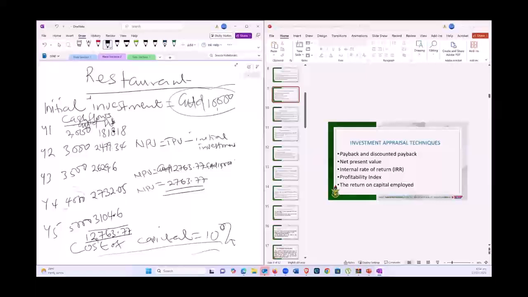Okay, Prof. I'm not confusing the two, but when I do the deductions, even if I don't go to the formula for the net present value, I still get 2,763. So I'm thinking that from there I'll be able to tell, since it's not a negative figure.